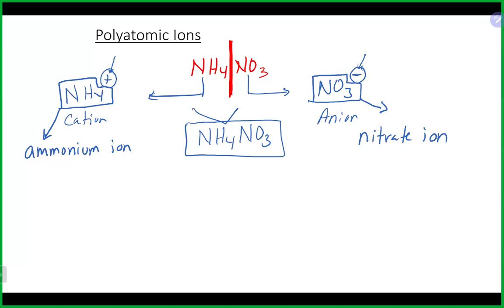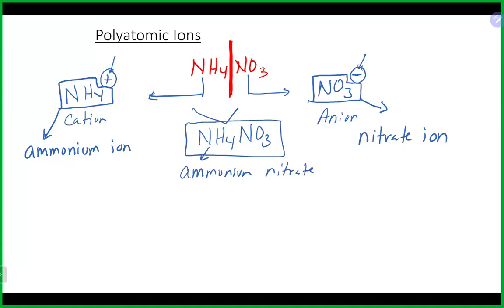If I have 2 of the NO3s, it's still just going to be nitrate. So having more than one polyatomic ion in a formula, and you have to name it, will have no effect on the overall name. So in this case, we simply will just put both of those names together, and this compound here is known as ammonium nitrate. So that is ammonium nitrate.